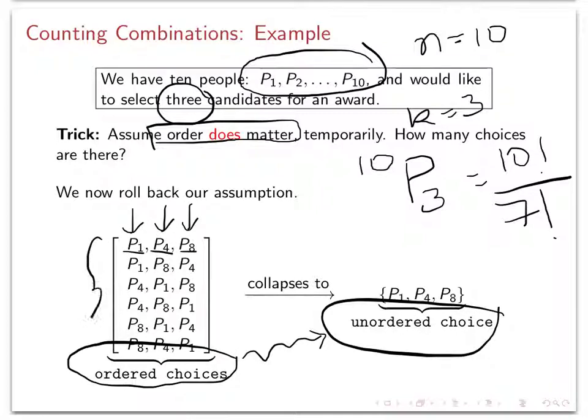There are 6 ways of ordering them, and all of them collapse onto a single choice, the set {P1, P4, P8}. So whatever the answer is, we divide by 6, and this is 10 P 3 divided by 6, and that's the answer. Note that we get 6 because there are 3 factorial ways of ordering 3 elements among themselves.